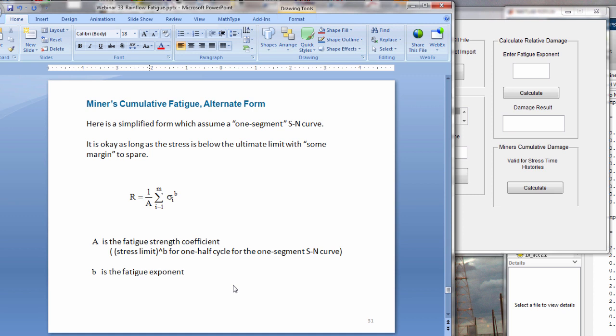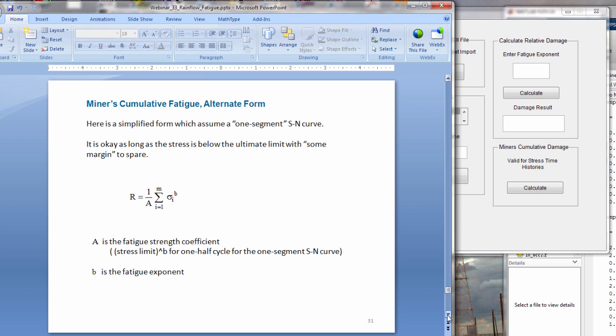And we have to take this stress and raise it to the exponent b. And then we can divide by this fatigue strength coefficient, which I mentioned earlier. It's the stress limit for 1/2 cycle for the 1-segment SN curve. And in actuality, it's that stress limit raised to the exponent of b.